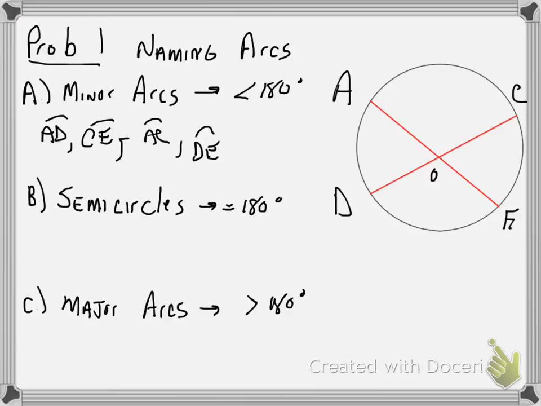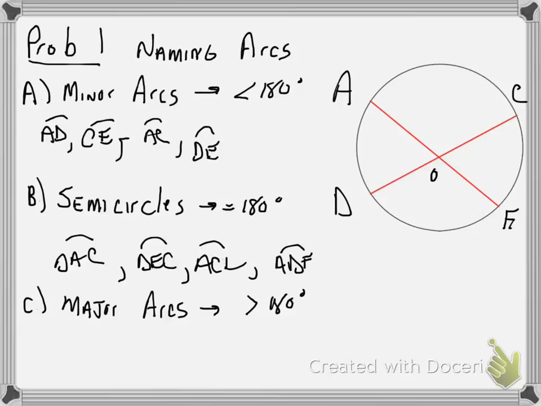Semicircles, what's the half of the circle? Well, arc DAC is one. Arc DEC is one. Now the other half, arc ACE is one, and arc ADE is one. Those are all my semicircles.